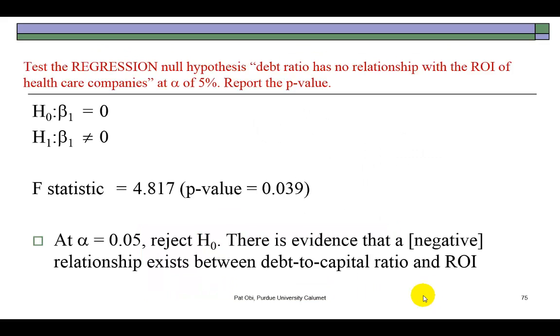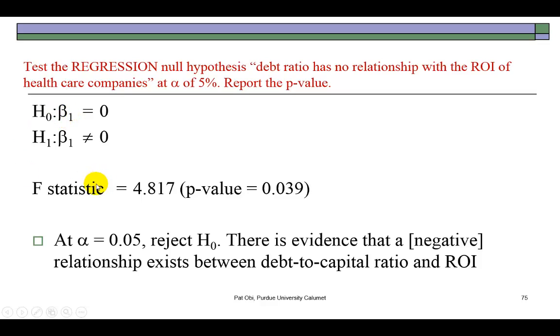And then next up here says, now test the regression hypothesis. Does debt ratio have a relationship with the return on investment? That's our statement of hypothesis. So in a two variable model, B1 is the indicator of that relationship. If B1 is 0, then there is no relationship because this is the coefficient of x, the explanatory variable.